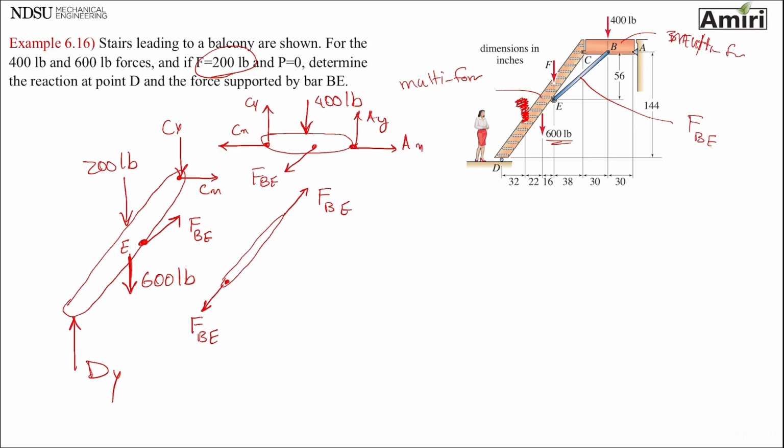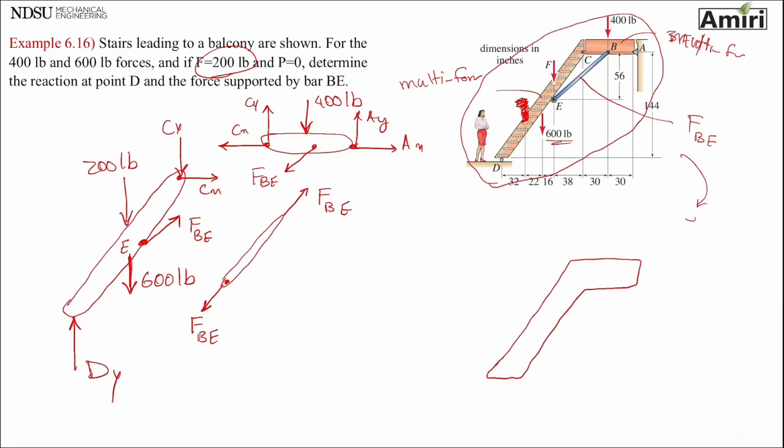This is a really busy free body diagram, lots of unknowns. And let's see. Okay. dy. All right. So dy is easy to find. You know why? Because if I take the entire frame, and let's see, outline of it, which is good enough for me, the entire frame.